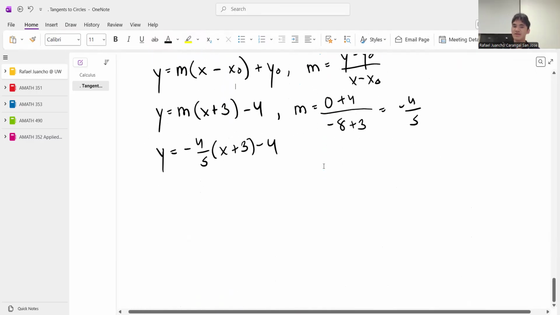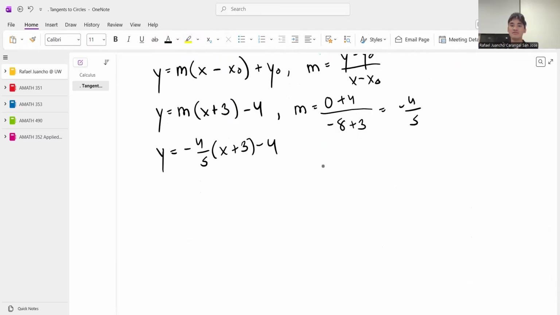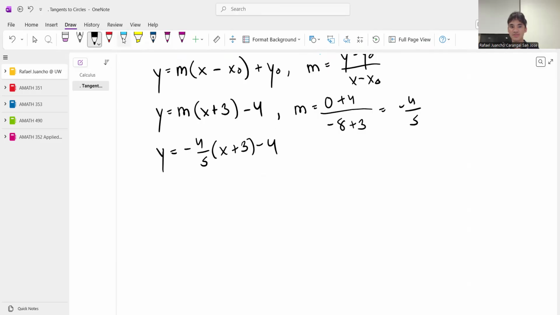So to find the radial line, we need the negative reciprocal, we need the perpendicular line to this line. So the way I would do it is first we need to find the radial line.